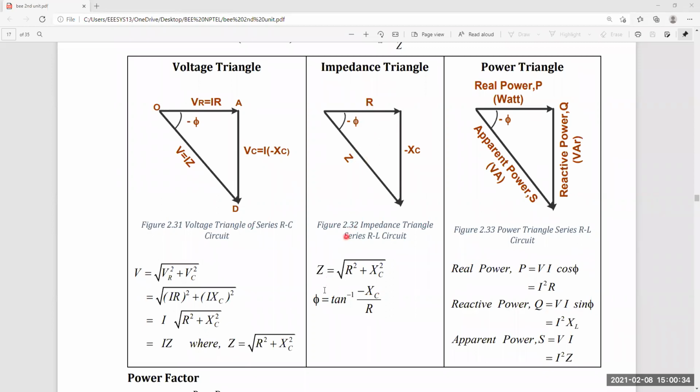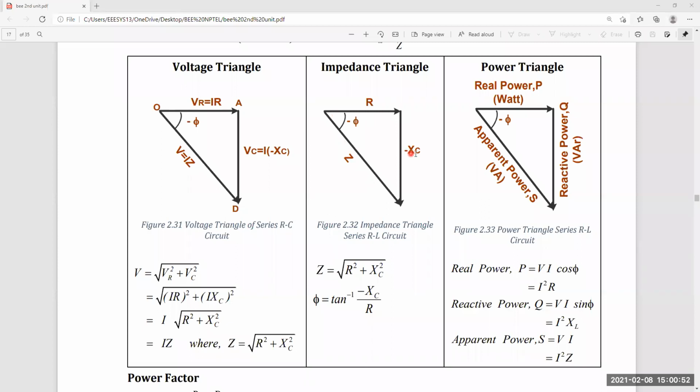And what is sin phi here? Cos phi is equal to R by Z, adjacent by hypotenuse.